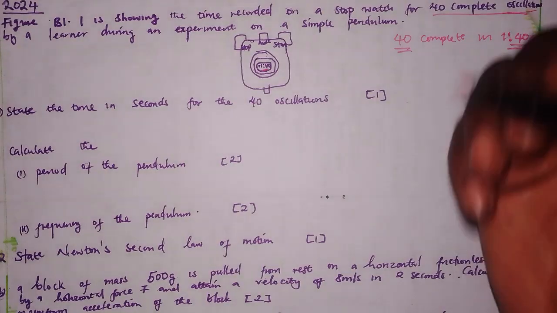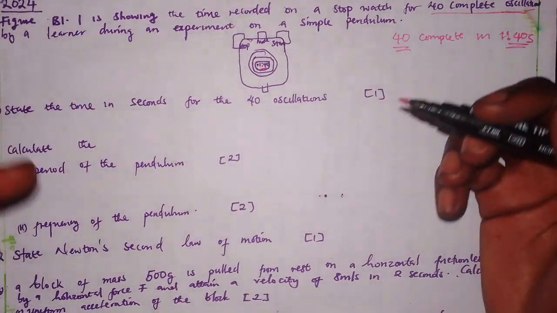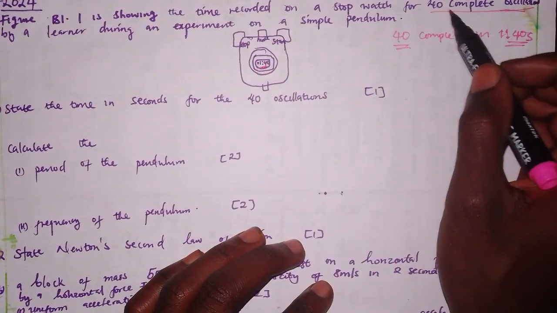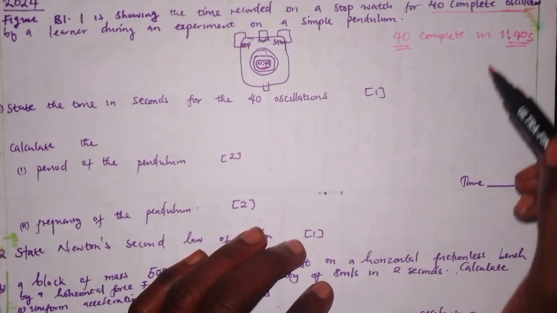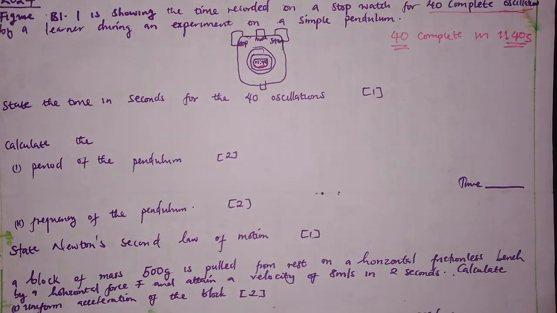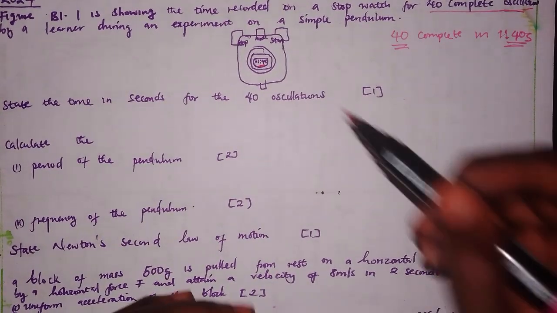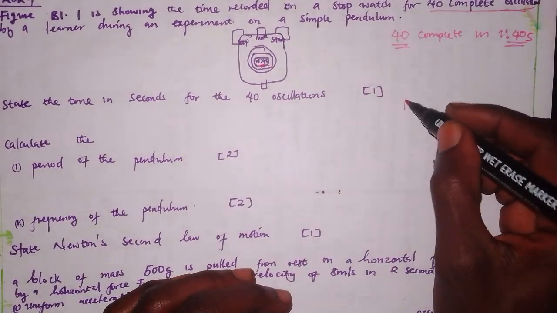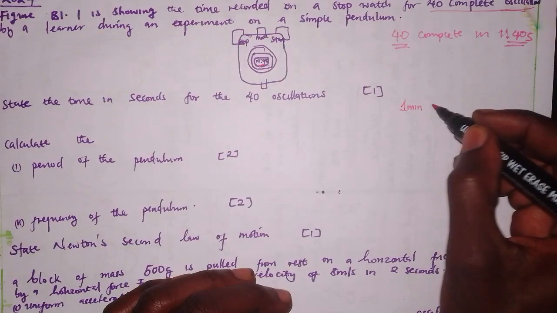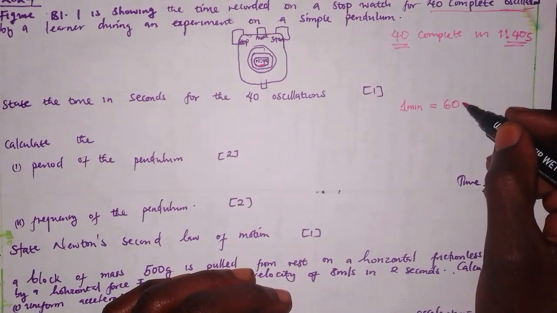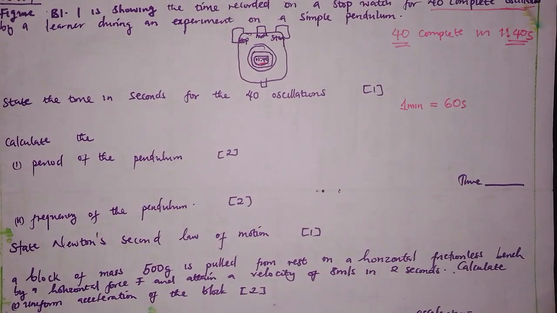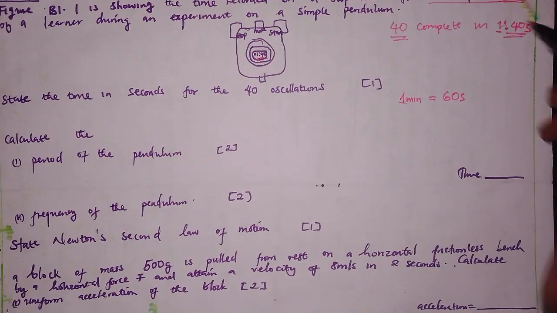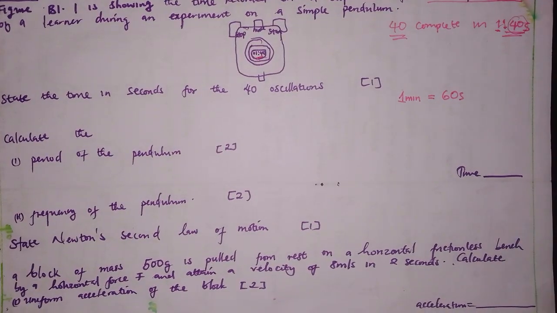So if we go back to our question, it is saying the learner took what? 1 minute 40 seconds for 40 complete oscillations. So meaning the time they want us to convert to seconds is what? 1 minute 40 seconds. So you say 1 minute is equal to 60 seconds. So meaning you have converted what? The 1 minute. And you just add now the 40 seconds.